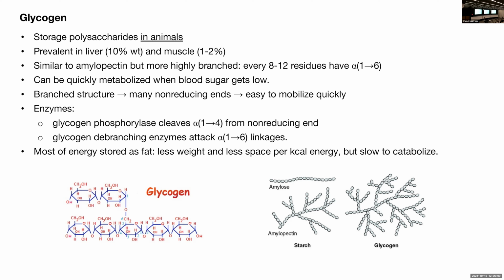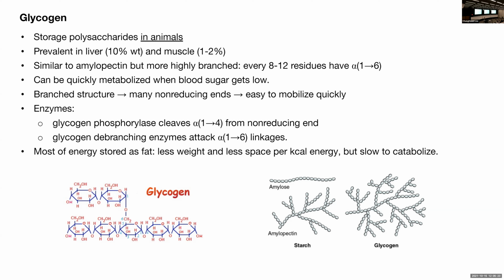And again, glycogen is a polysaccharide. It's not a fat. So don't be confused. I'm just saying here that most of the energy in the living system is stored in the form of fat, and glycogen is not a fat. It's just a polysaccharide.